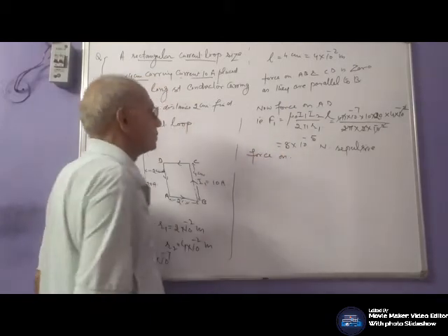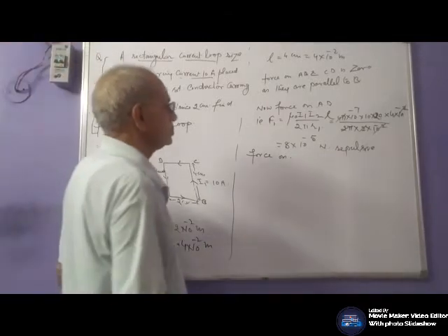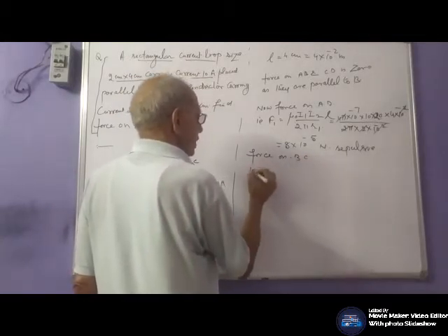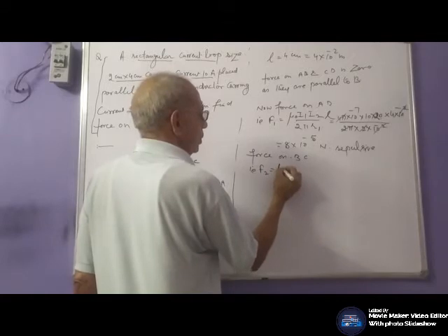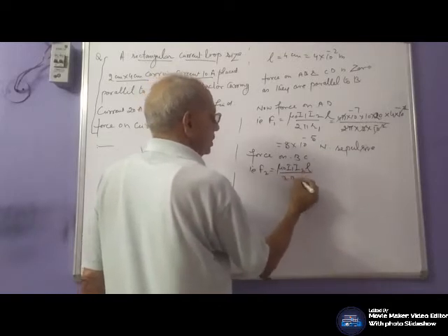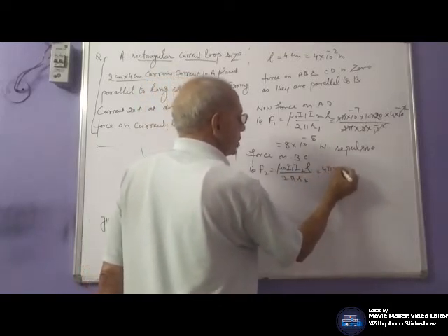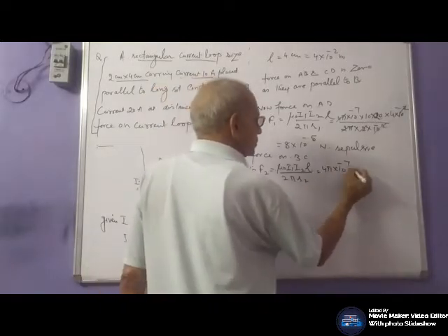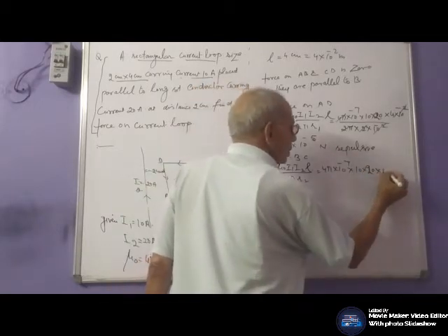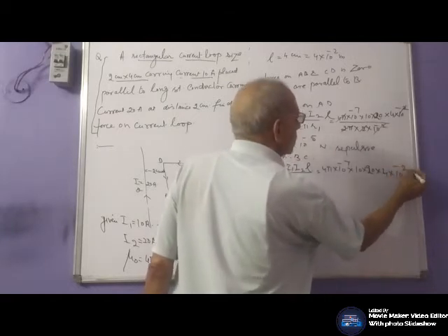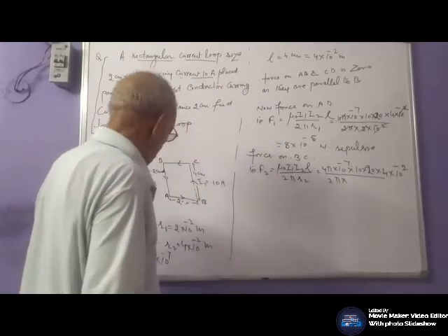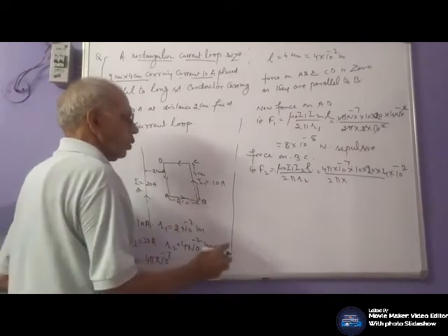Force on BC, that is F2. Again mu naught I1 I2 L over 2 pi R2, where R2 is this distance, 2 plus 2, 4.